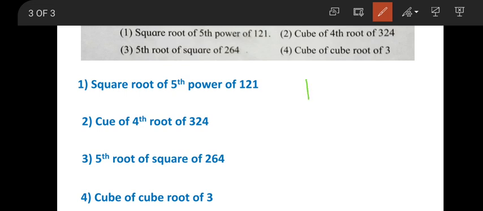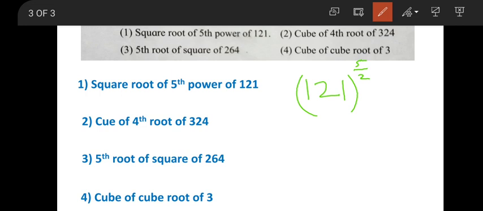I'll write 121 first, and I'll put a bracket for it. Now, square root means the denominator's number, and square means 2. And fifth power, so 5 will come up. It has become 121 raised to 5 upon 2.